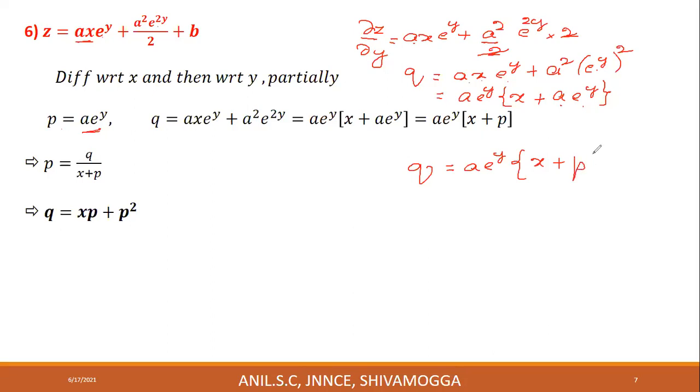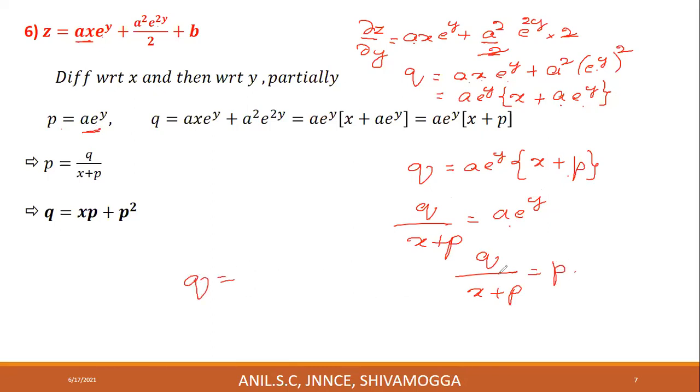A into e power y is p. It is substituted. Therefore, q is equal to x into p, that is xp, plus p into p, that is p square.